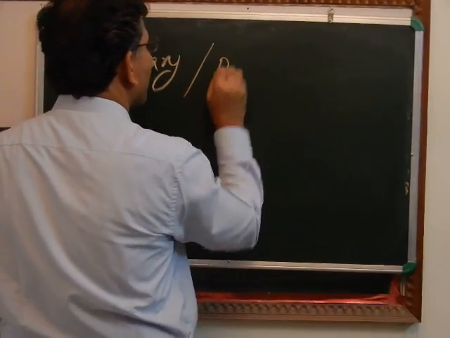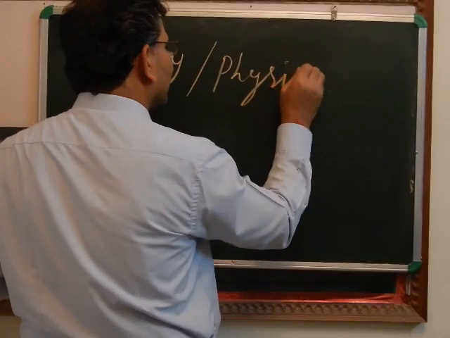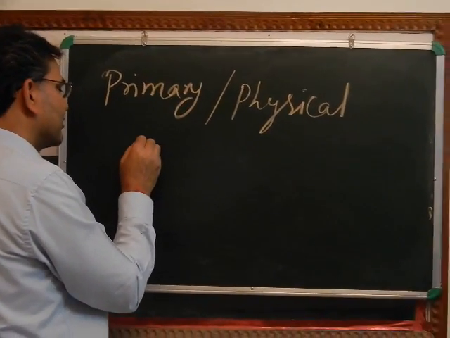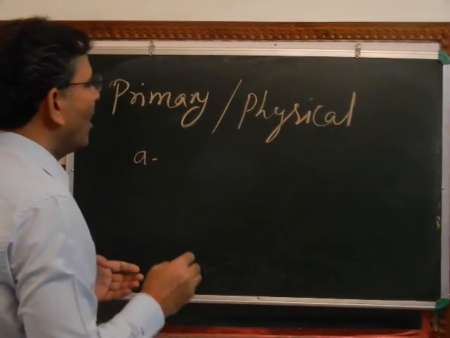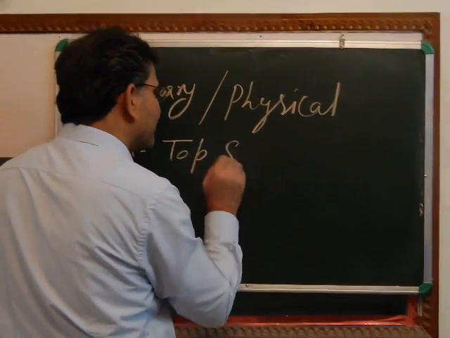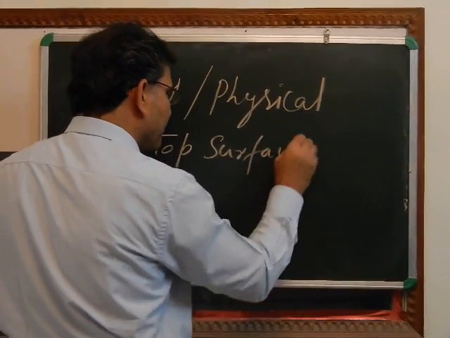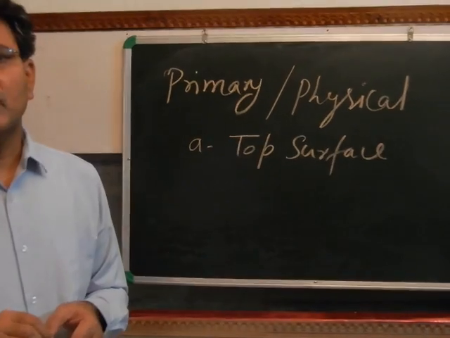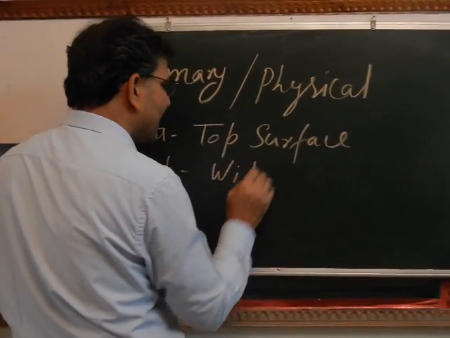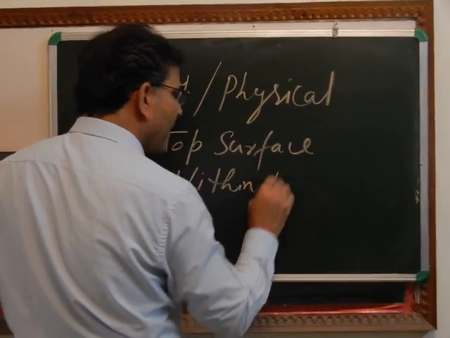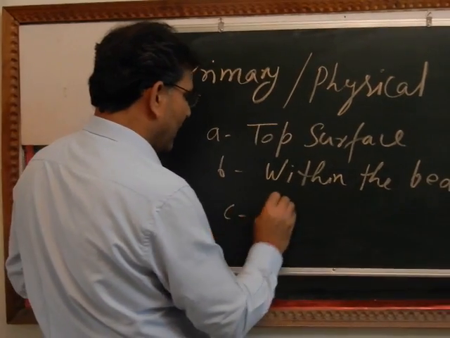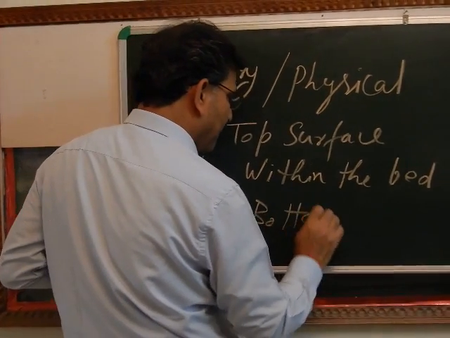Primary are physical sedimentary structures. There are three types of primary or physical sedimentary structures. Number one, the sedimentary structures which are preserved or formed at the top surface of the bed. The sedimentary structures which are preserved or formed within the bed, and the sedimentary structures which are formed at the bottom of the bed.